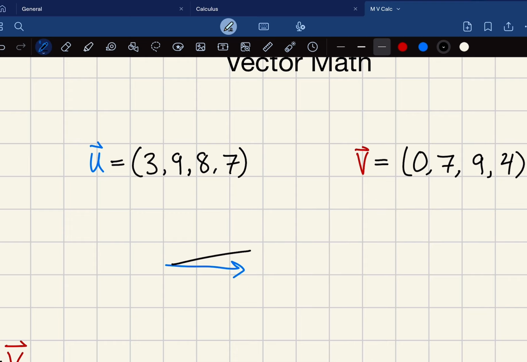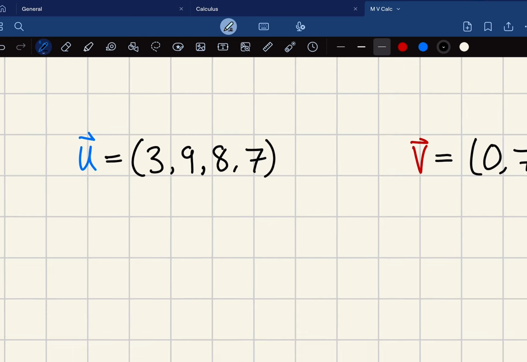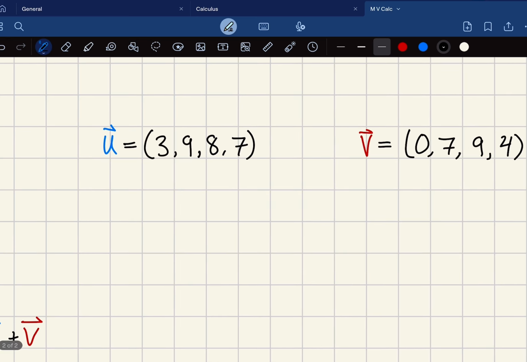So in this video, we will be using that same concept of adding the same direction. So we will be adding this part and this part, and this part and this part, and this part to this part, because they represent the same thing in both vectors.